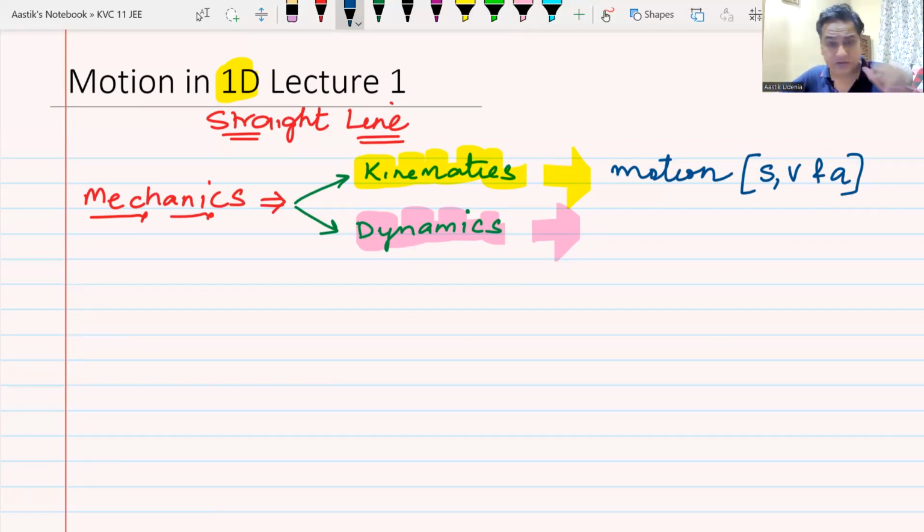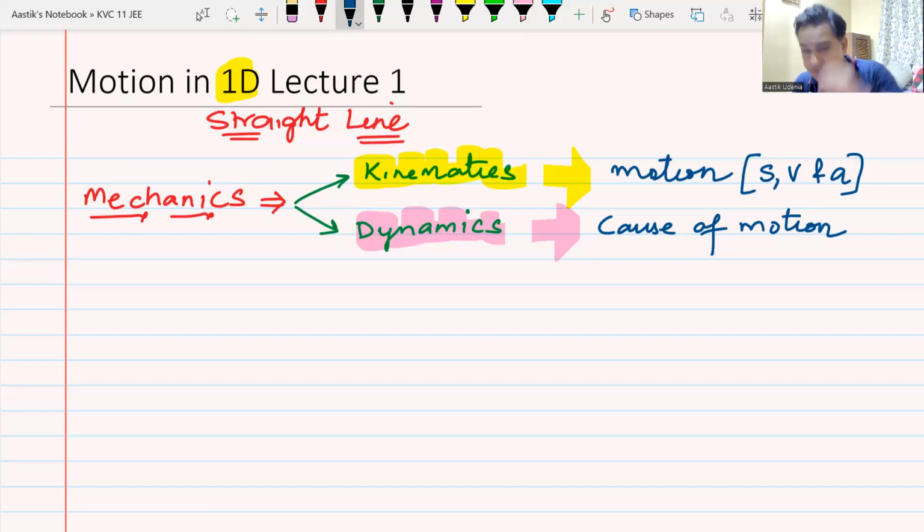Then what are we going to study under the heading of dynamics? When this term dynamics comes, that basically means we are going to study the cause of motion. In kinematics, we are not concerned with the cause. What is causing this motion? We don't know. We are only going to study the motion.